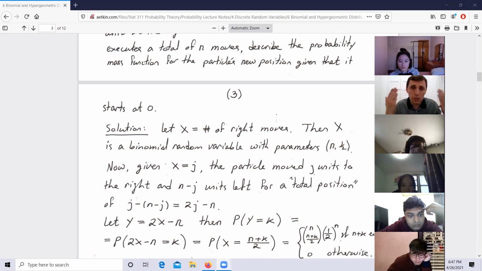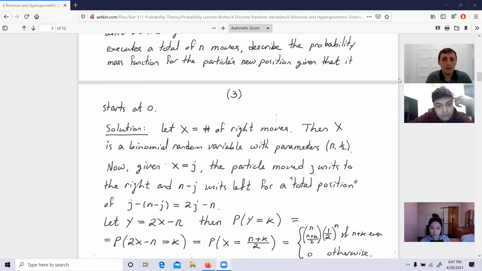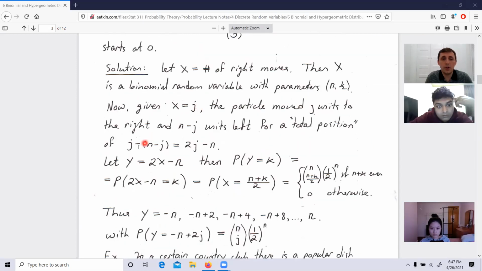I either executed right or left moves. Good. So this is the formula, guys. The formula for my random variable is 2X minus n. Do you agree? Why is the position I can attain always 2X minus n? Why is that the case? Because the number of right moves is X. Subtract from it the remaining moves, which were left. So what are the left moves?